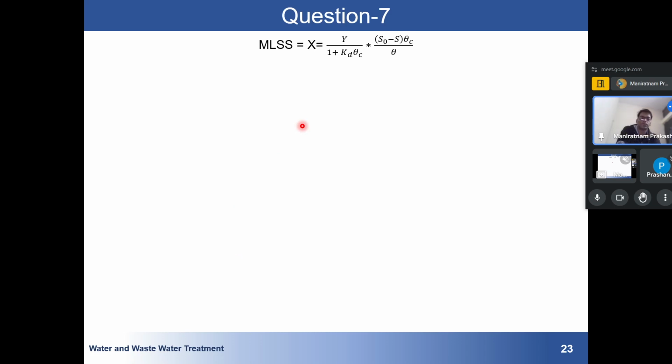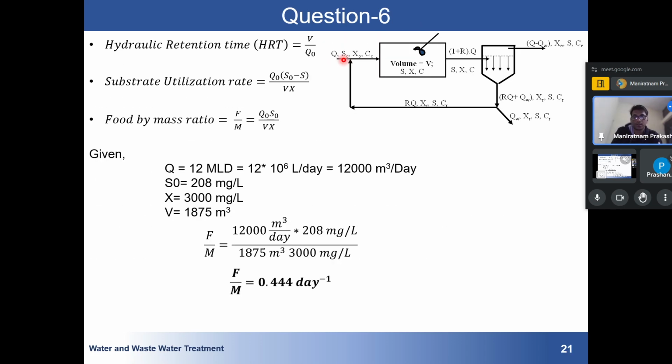This can be derived by applying the control volume equation. In a control volume you can apply a mass balance equation, that is V dC/dt is equal to mass in minus mass out plus or minus some kind of accumulation. If you apply that equation, you will be able to find this equation. I will just give you a hint.